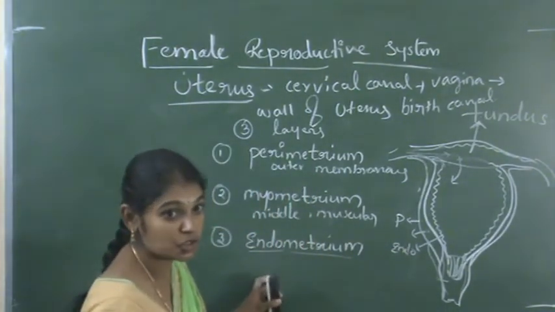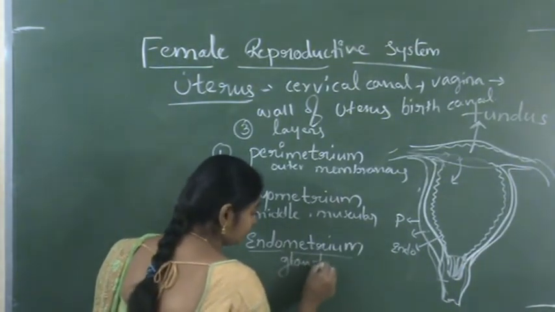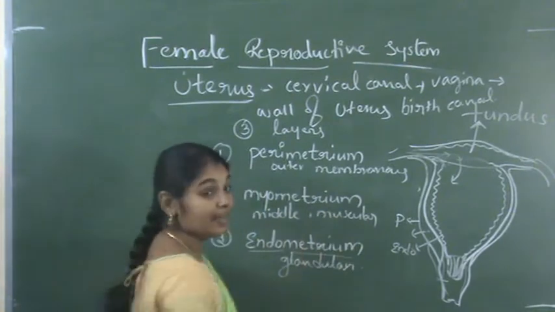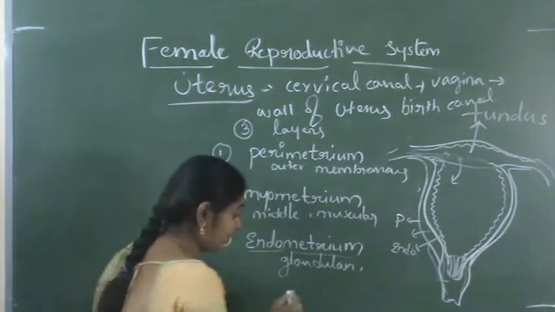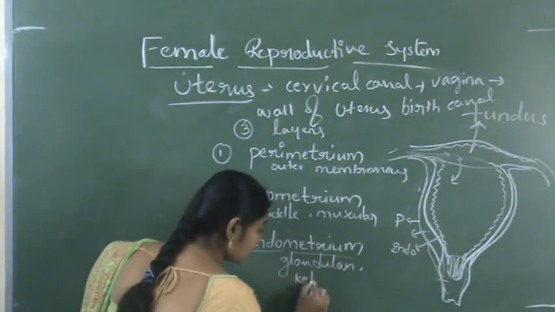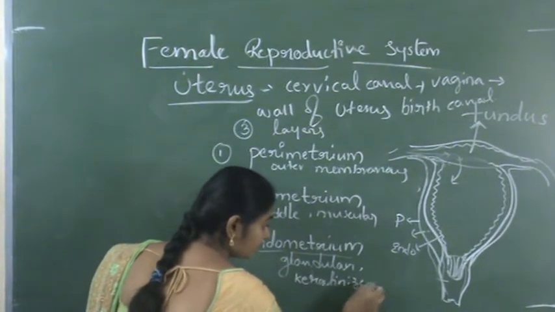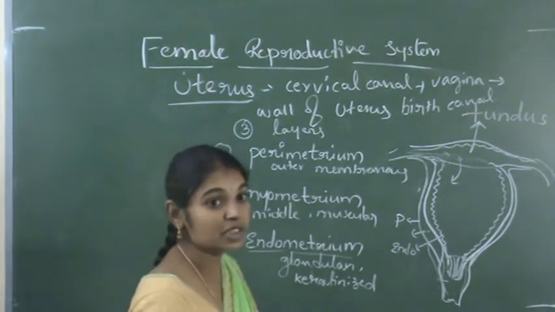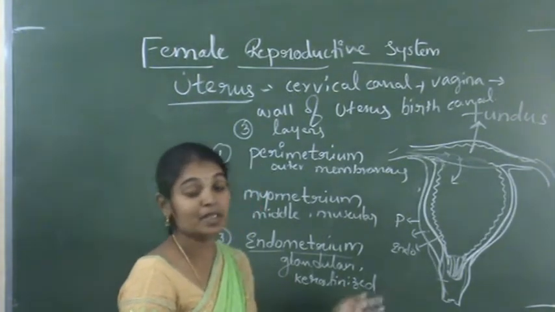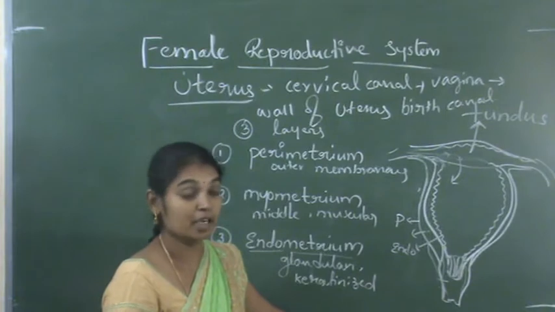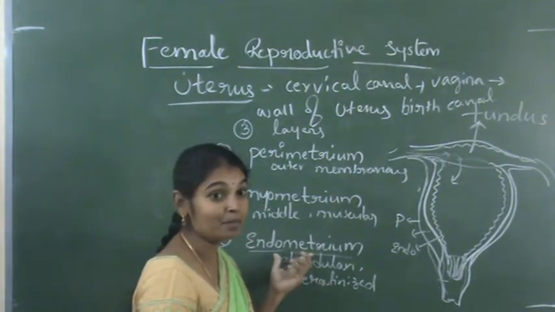Endometrium is the innermost layer, and it is a glandular layer lined by columnar epithelium with and without cilia. That means both ciliated columnar epithelium and non-ciliated columnar epithelium cells are present in this endometrium layer.